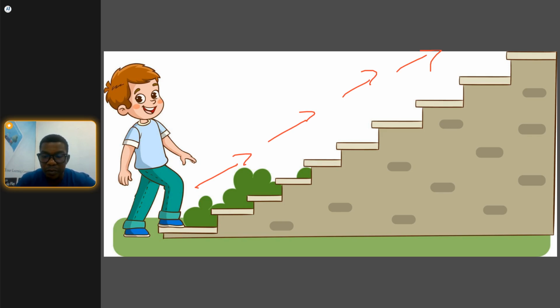You can type your response in the chat box. The boy walking on this staircase, is he performing work? Yes or no? I need your response in the chat box.